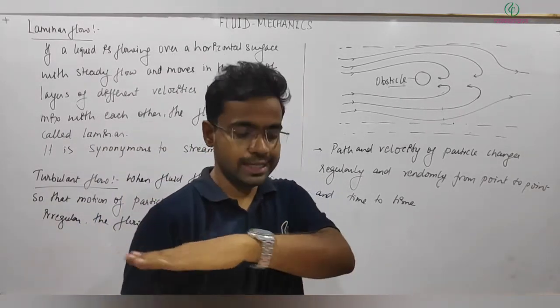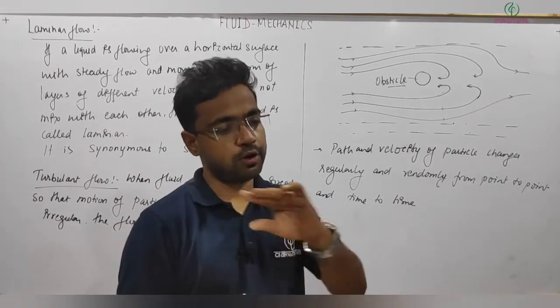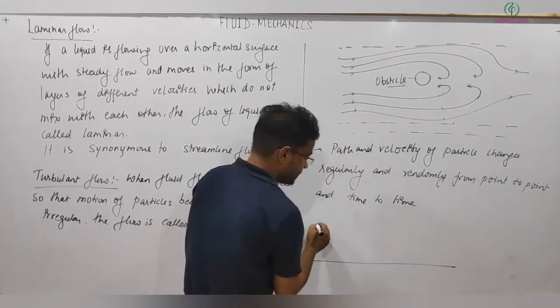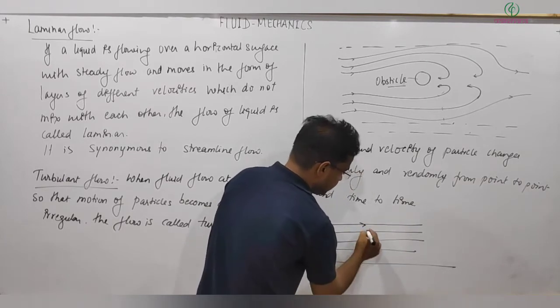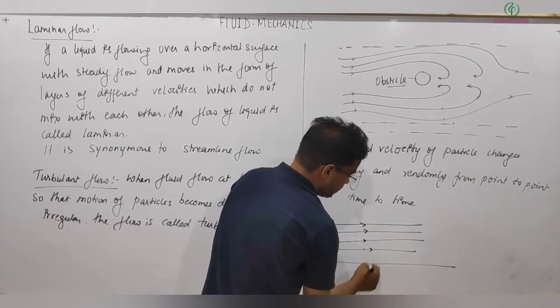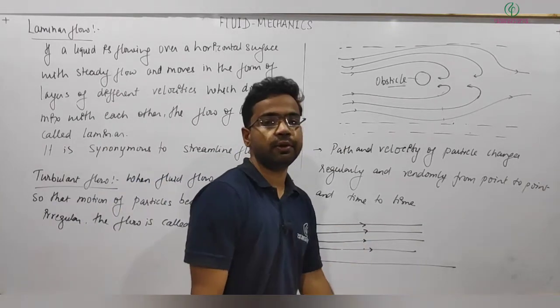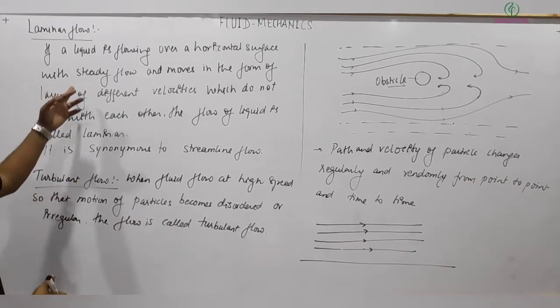The flow is over a horizontal surface and the fluid flows in the form of layers. The velocities may be different. So this type of flow is termed as laminar flow, a steady flow.